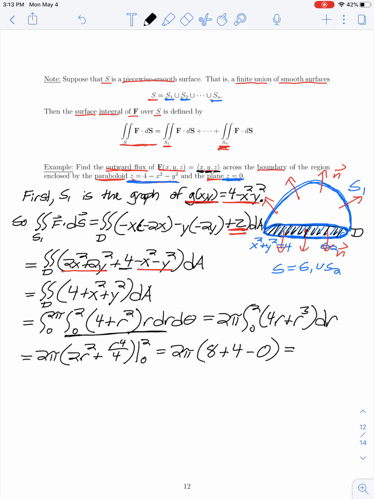So we're left with 2 pi times 12, or 24 pi. So that would be the flux over S1, the upper part of this closed surface S.